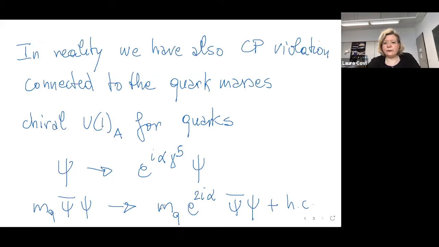But due to the fact that you can move this theta term from the mass term to the gluon part, it's also clear that the real physical quantity is neither the theta term nor the phase of the quark mass alone, but a combination of the two.